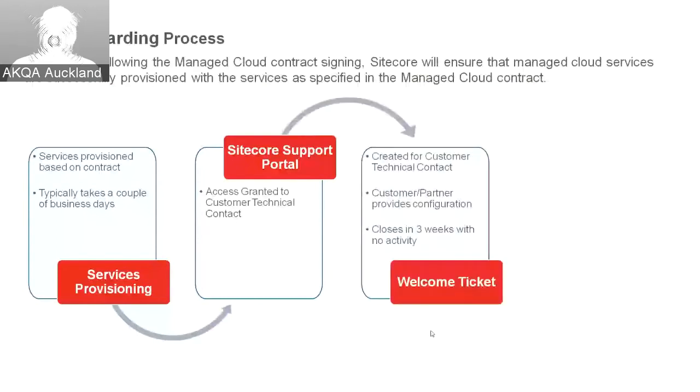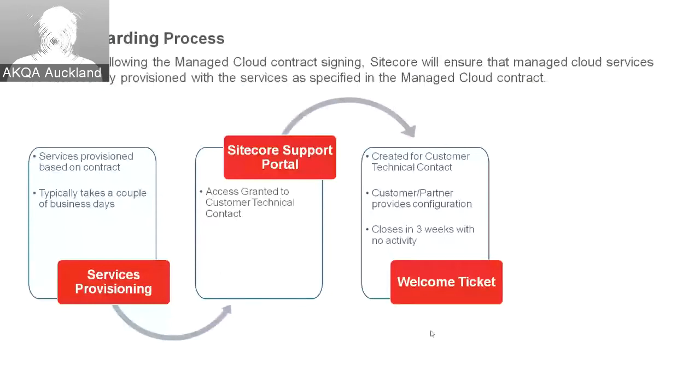Okay. So after this is done, in the support portal, as a partner and as a client, you will get a welcome ticket from them where they'll ask some questions to fill in, like what kind of modules you want to install and all those things, which is there in the welcome ticket.